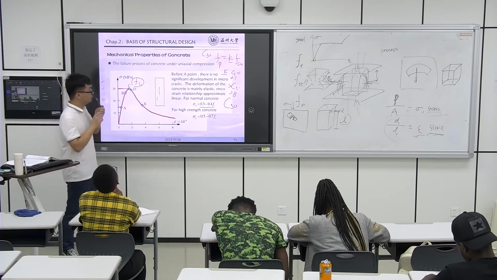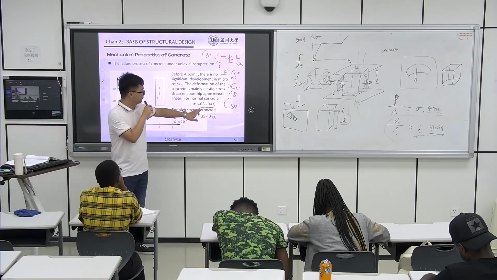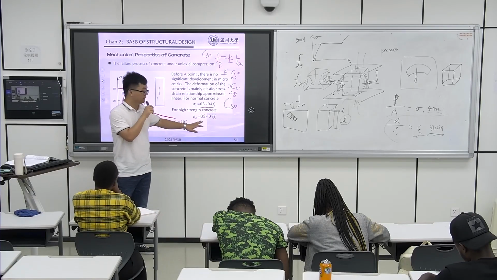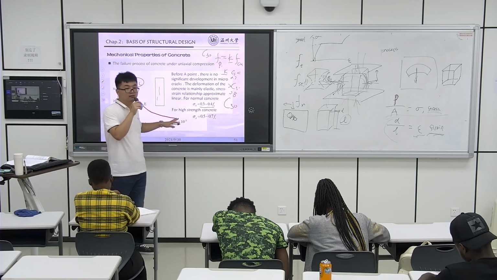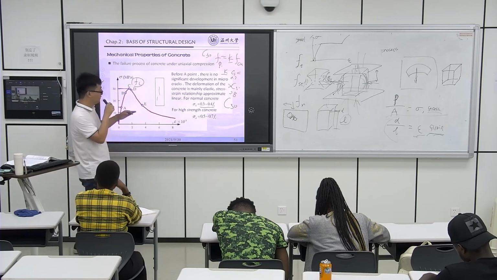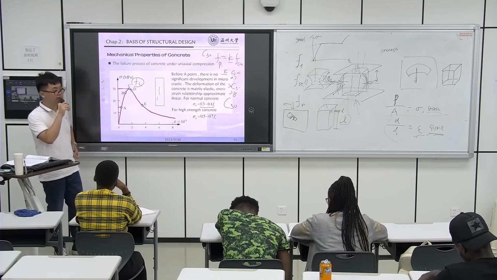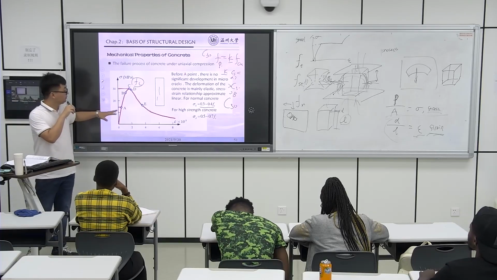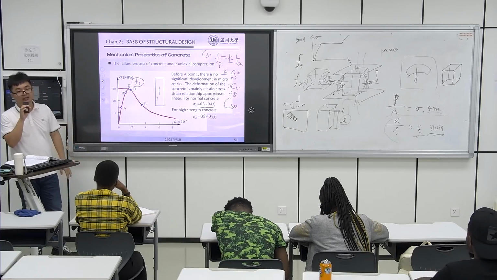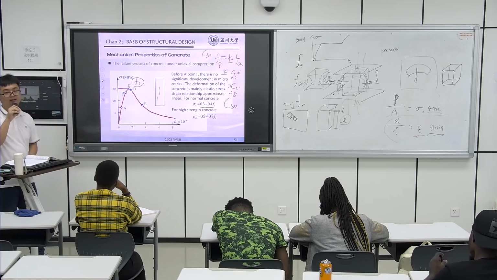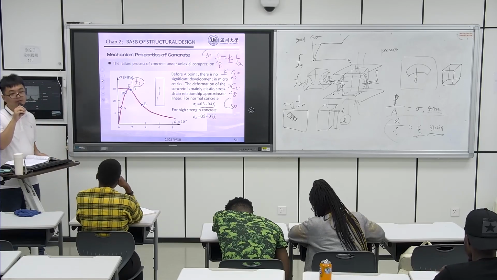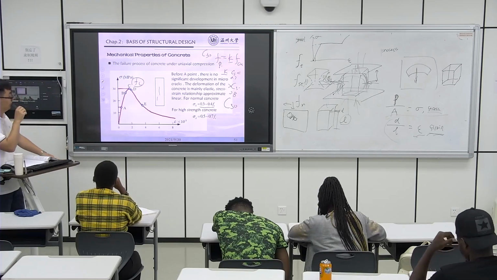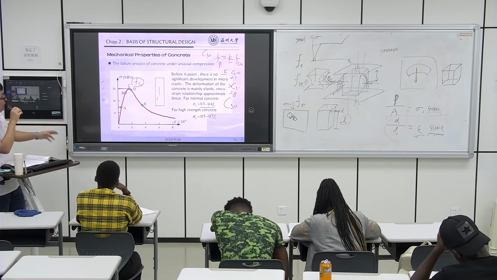For high strength concrete, the stress at point A corresponds to 0.5 to 0.7. This conclusion was drawn from lots of experiments, where other scientists did this type of research and proposed this formula.